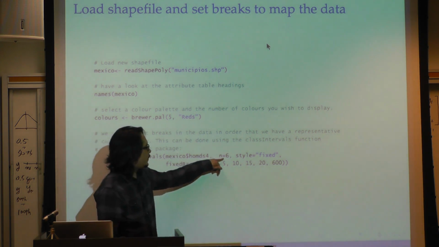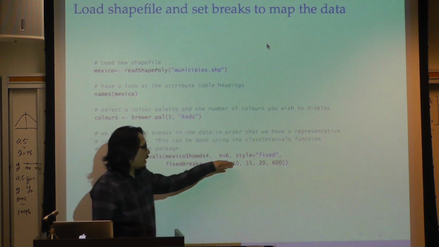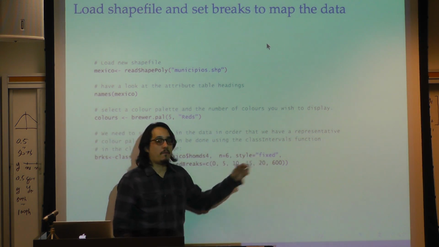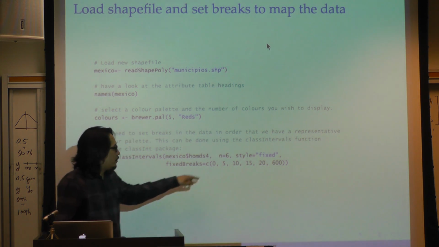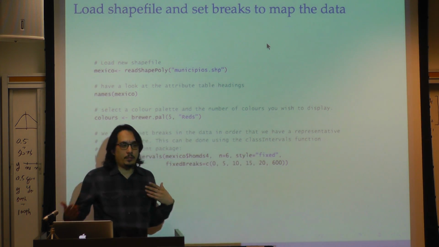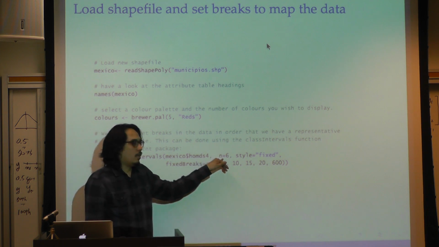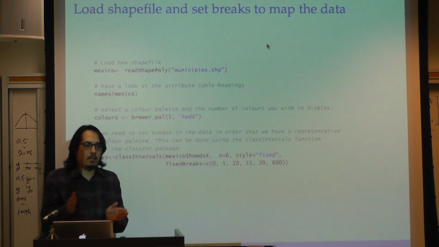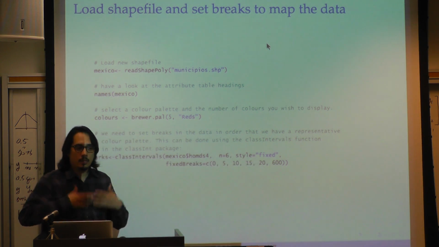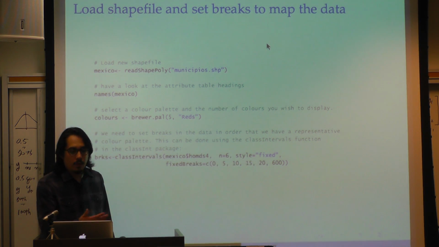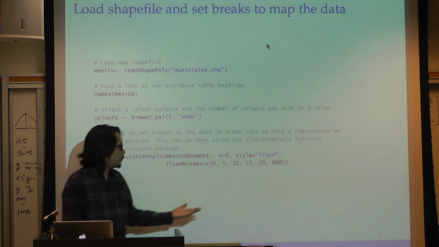I'm going to have 6 breaks, and the style I'm going to use is fixed, which is basically that I'm going to fix those breaks. There is also a standard deviation style, which creates 6 different groups based on the standard deviations, or quantiles, or there are many different styles of creating these breaks.